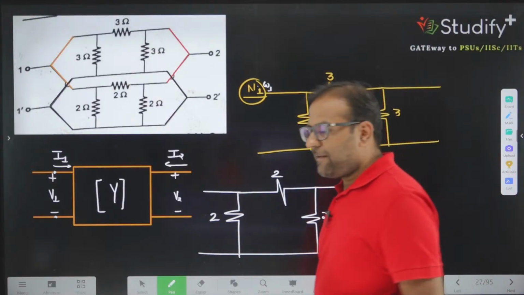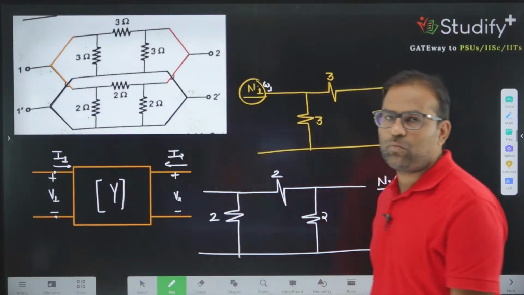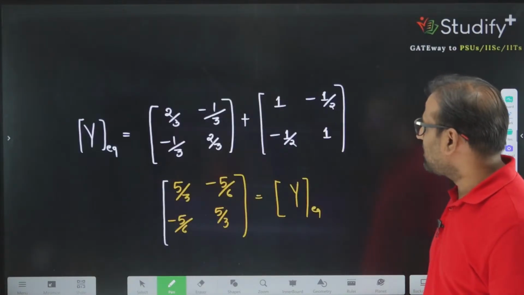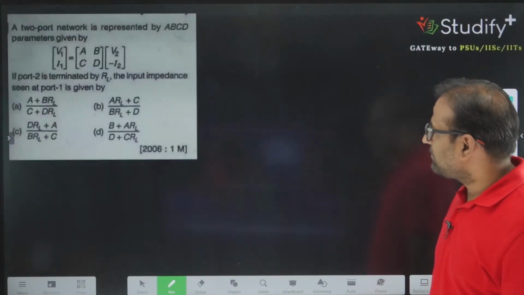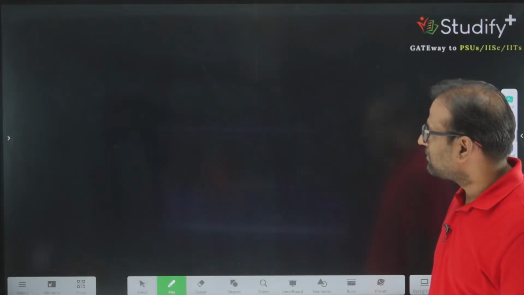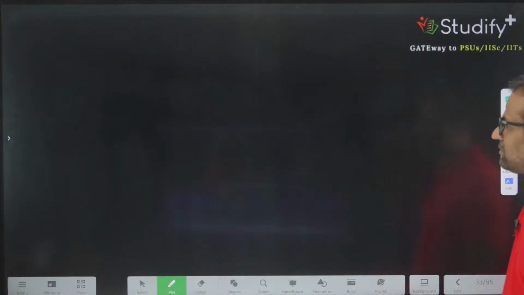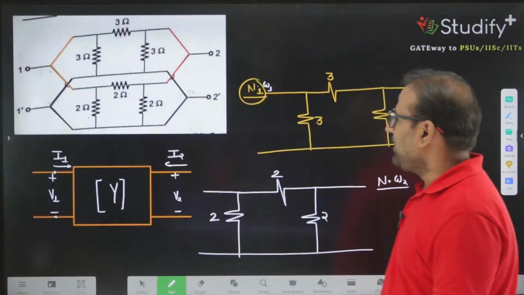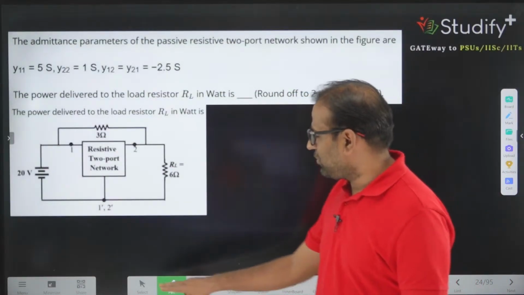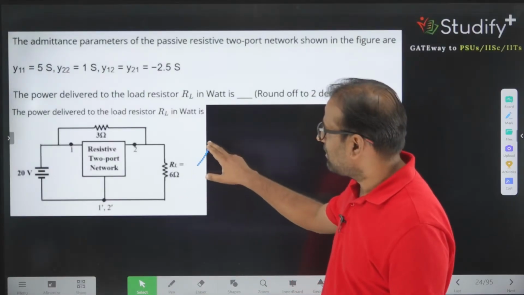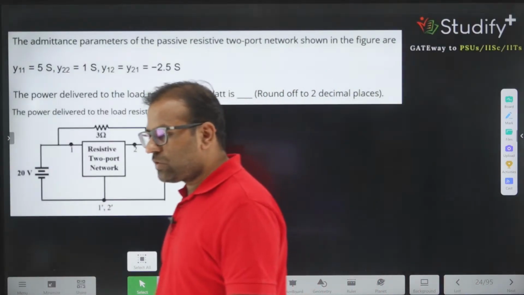Let's try one question from GATE. Let's take one PYQ based on the same concept. Yes, this is the PYQ. When you go through the question, what is given?